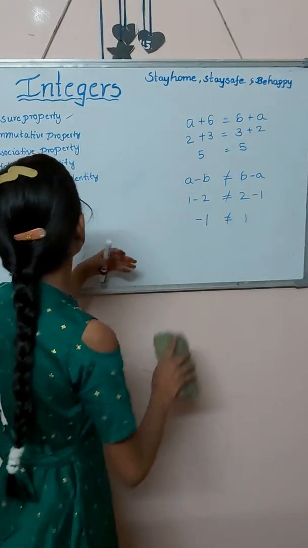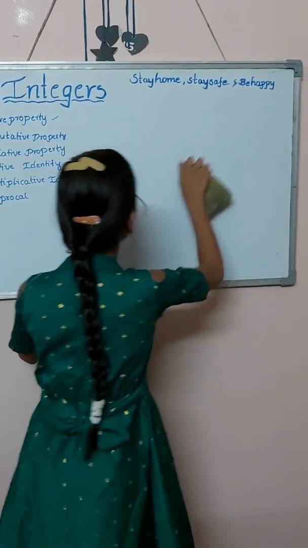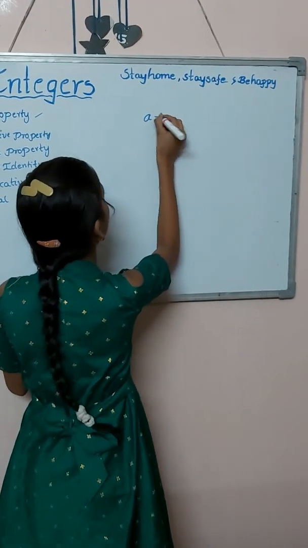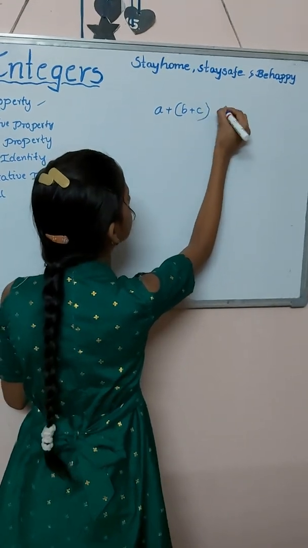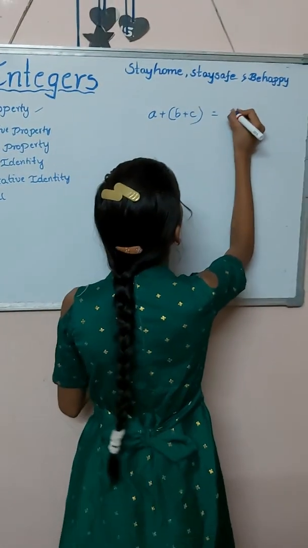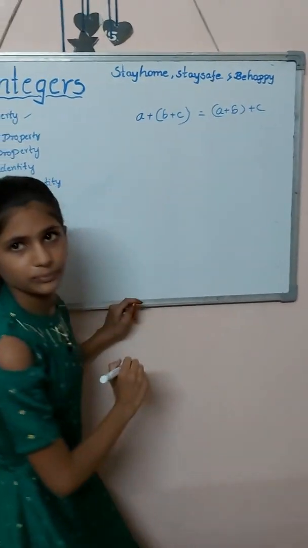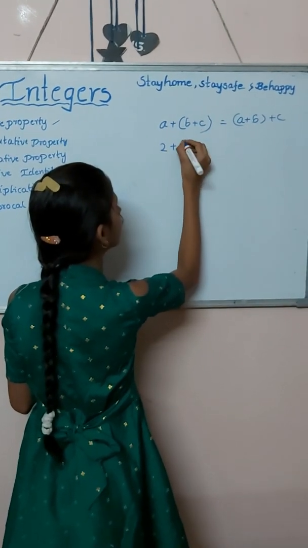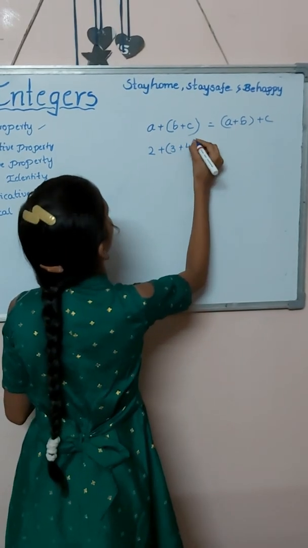The next property is associative property. In associative property, I am taking a plus bracket b plus c equals a plus b bracket plus c. In the place of a I am taking 2, in the place of b 3, in the place of c 4.